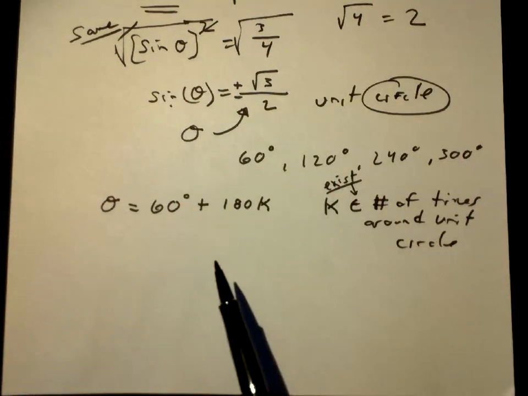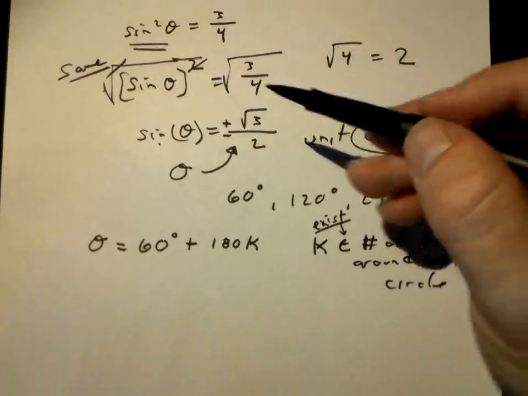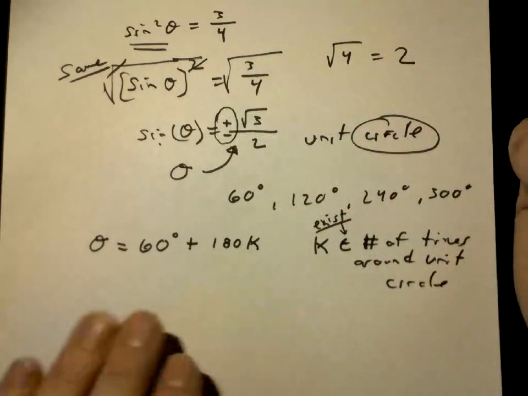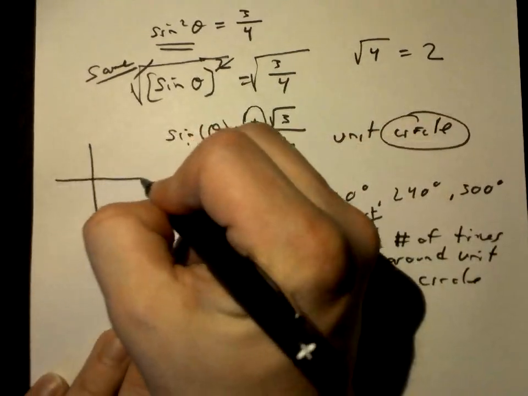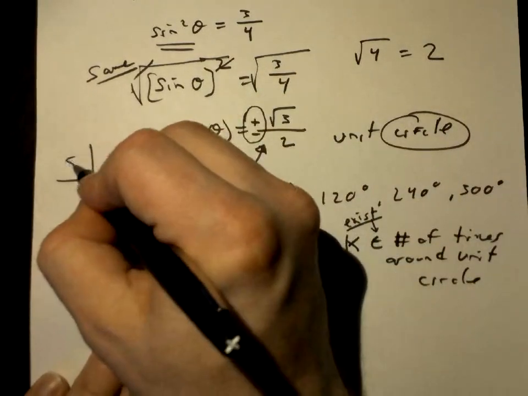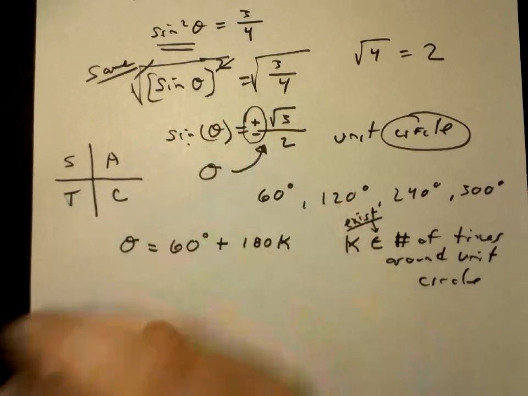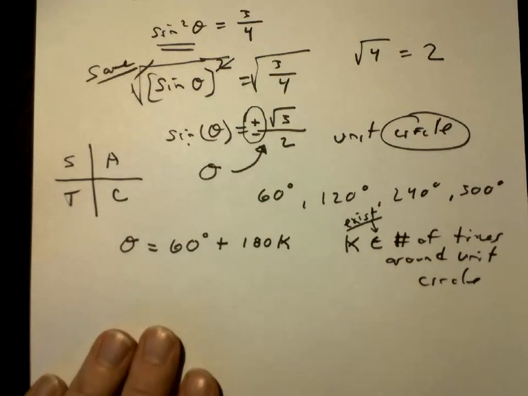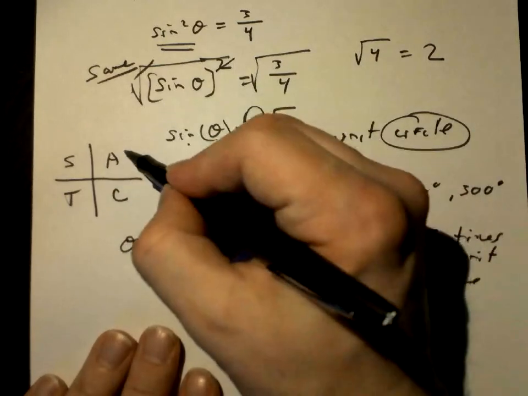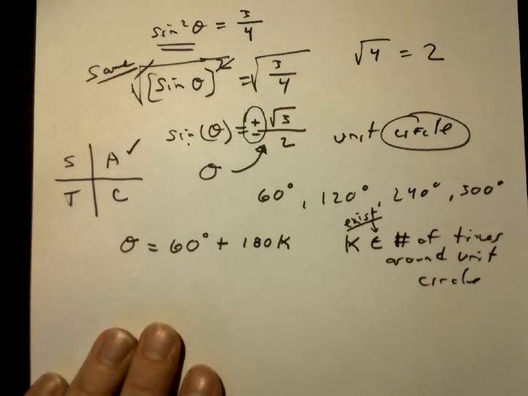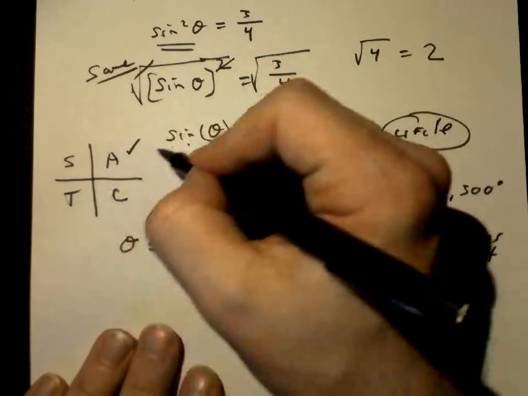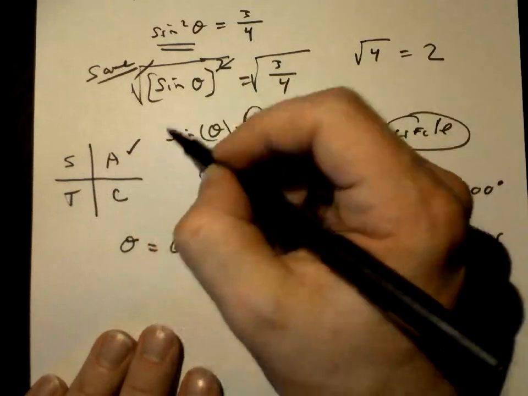And I want you to be very careful here. Do you remember this part right here? And if we look at the quadrants, all students take calculus. Do you remember what sine is positive in? Isn't that quadrant 1? And I do believe that's going to be quadrant 2, tangent, sine.